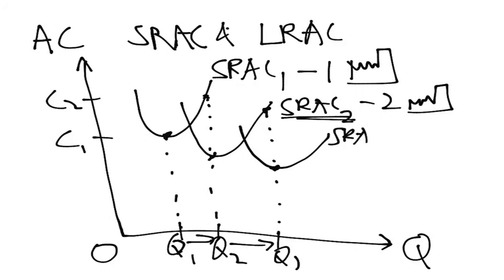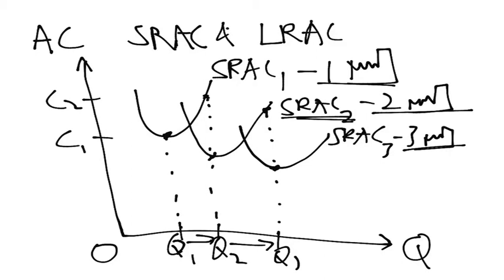Short run average cost curve 3 with 3 factories. So what we are doing right now is, we are considering the change of the fixed factor one by one, from 1 factory to 2 factories to 3 factories, right?